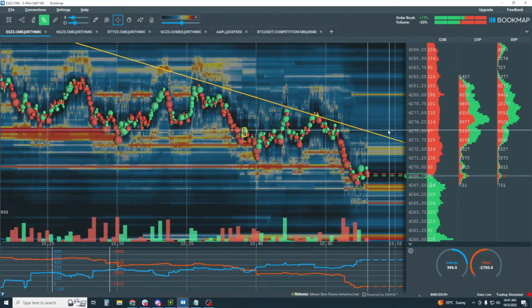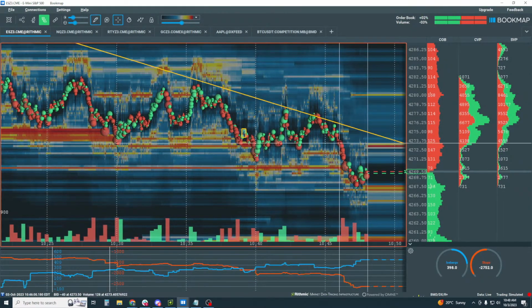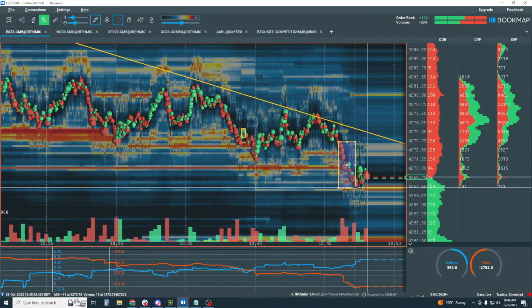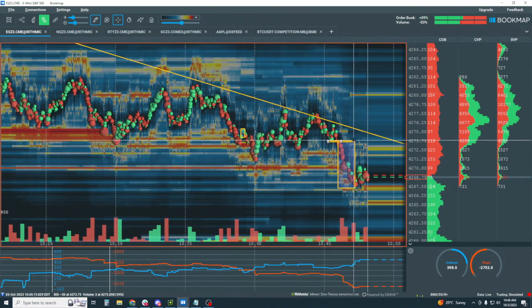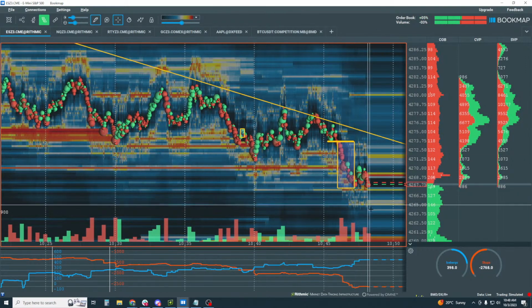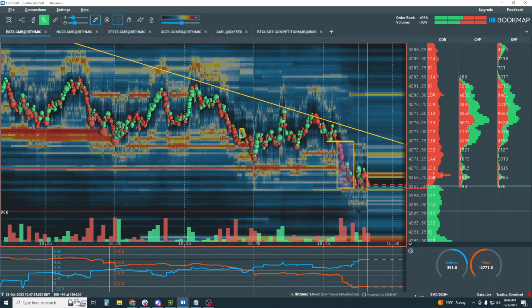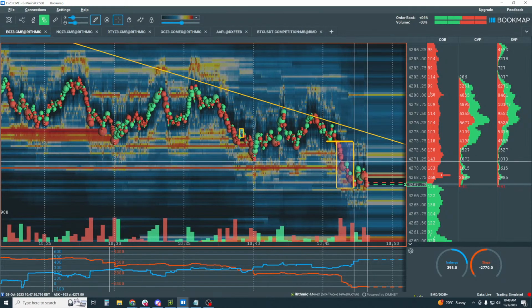All right, so a new area to look at in terms of structure and who's in control, right here. Sellers in control at this point. And pushed it through, looking for trend continuation.